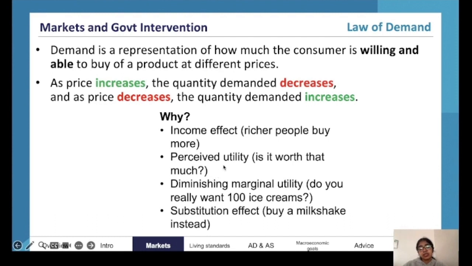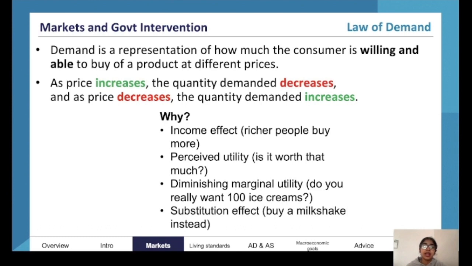Perceived utility. So next, is it really worth that much? So like I said earlier with the bubble tea example, we assign a worth to each product that we're going to buy. And we have to think about whether it's worth that much. So for example, let's say I assigned a value of $10 for the mango bubble tea earlier.